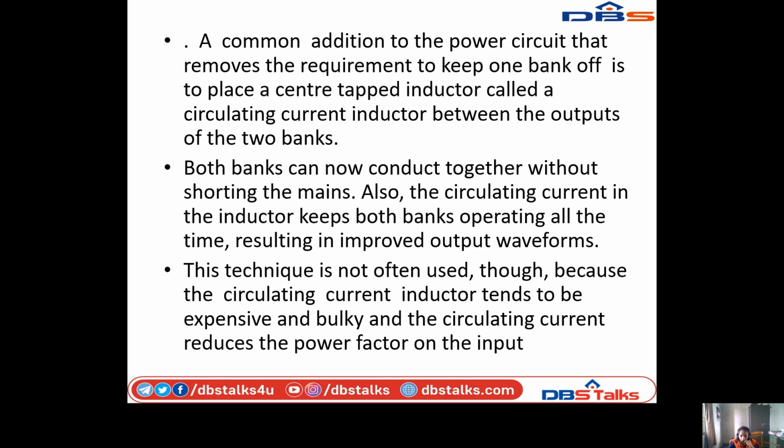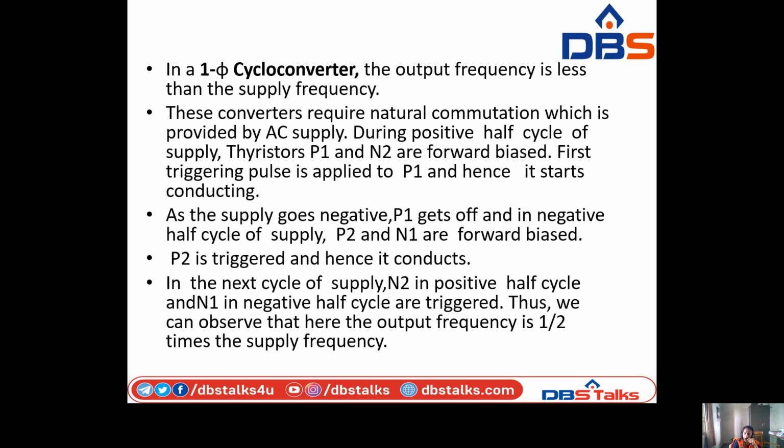Next, in a single phase cycloconverter, the output frequency is less than the supply frequency. These converters require natural commutation, which is provided by the AC supply. During the positive half cycle of supply, the thyristors P1 and N1 will be forward biased, and the first trigger pulse is applied to P1, hence it starts conducting.